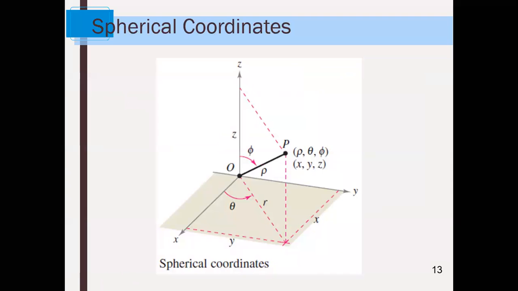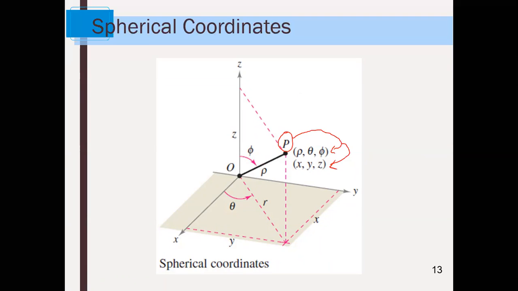So here's what's going on in general. We have this point P, and it has two ways of expressing it, either rho, theta, phi or x, y, z. We want a relationship between x, y, z and rho, theta, phi. This is a picture that really makes everything very clear.